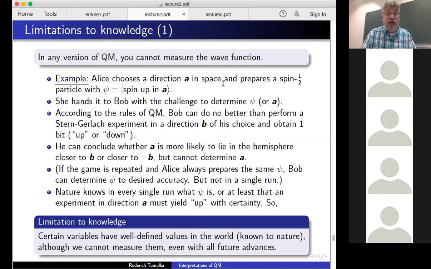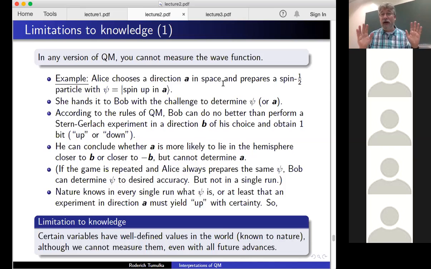Now, nature knows in every single run what psi is, or at least that an experiment in direction A must yield up with certainty. So nature has some information about what A is. The upshot of this consideration is that certain variables have well-defined values in the world, known to nature, although we cannot measure them, even with all future technological advances.